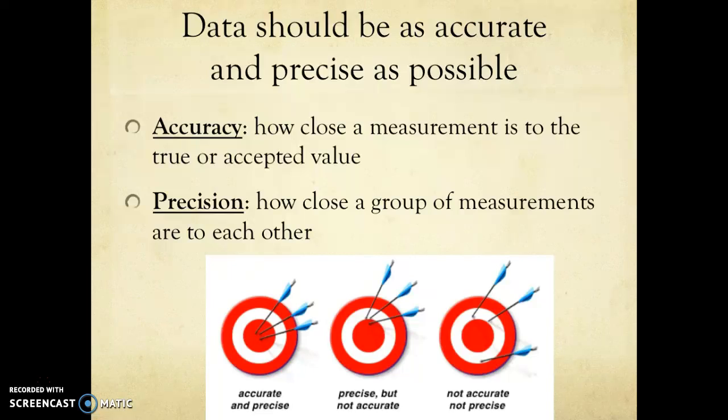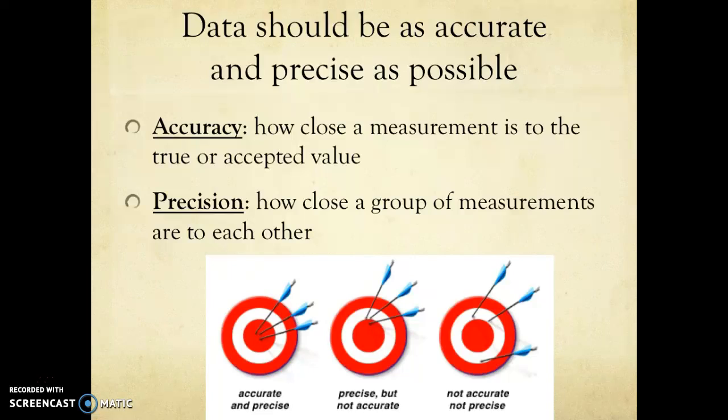Now, when you're collecting a set of data, again, with that example of the object being 5 grams as its true value, if you collect a set of data and it's all very close to each other, maybe your range is 4.7 grams to 5.2 grams.